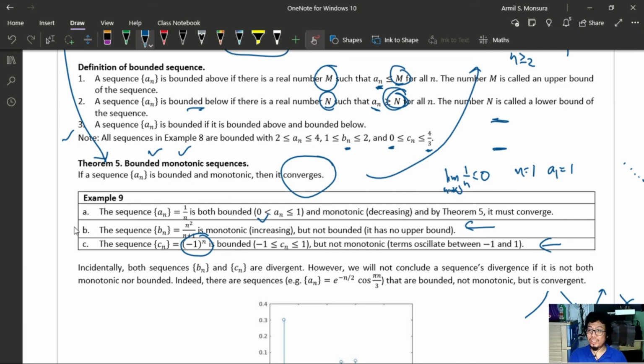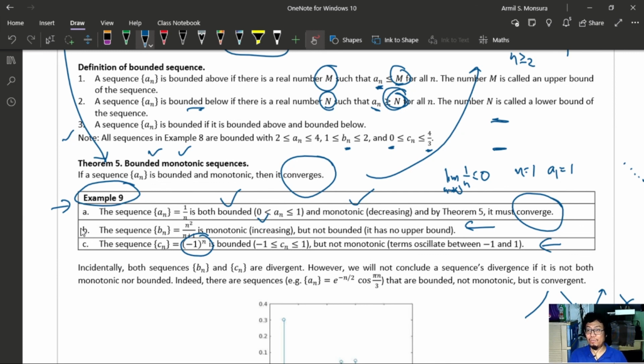As you can see in example 9, only letter A was able to say that it is convergent because it satisfied the requirements of theorem 5, that it is bounded and monotonic. That is why it was able to make a case that the sequence is convergent.